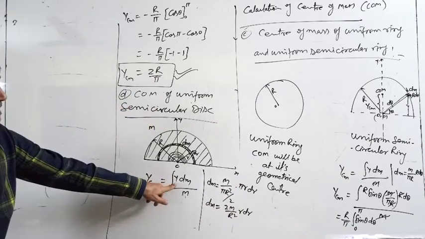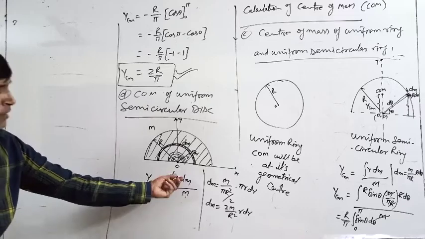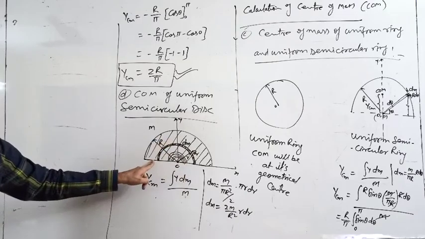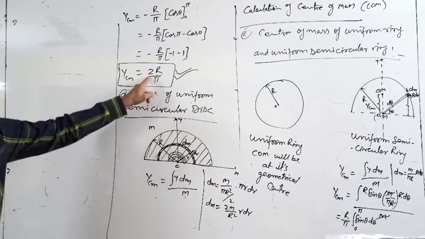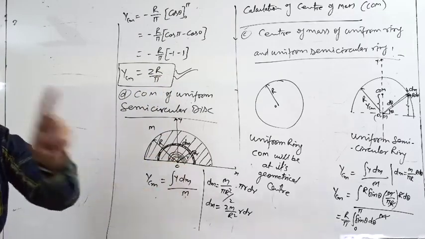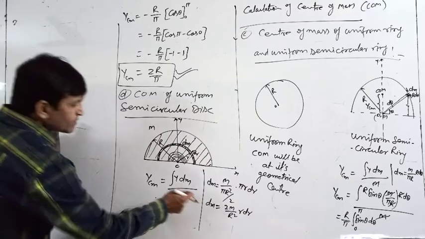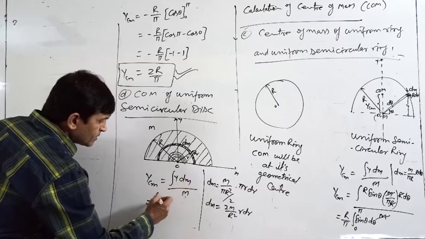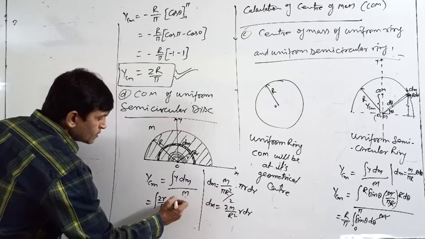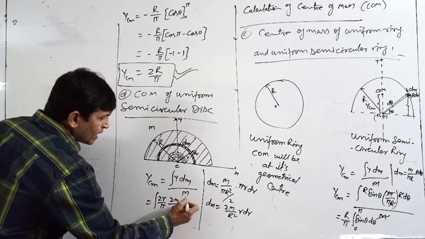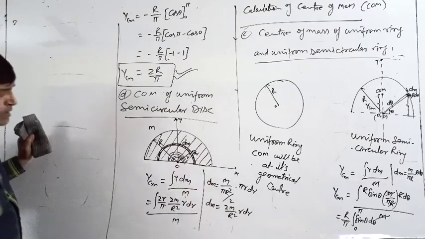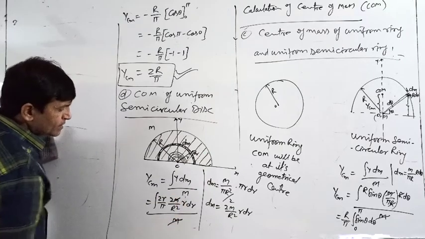And y means center of mass of the element of mass dm. Our element is this ring. So what is the y value for this ring? 2r by pi, not capital R. This ring has radius small r. So y is 2 small r by pi. Now substitute here: y is 2 small r by pi, dm is 2M by R square, r dr, by total mass M. 1M cancel.